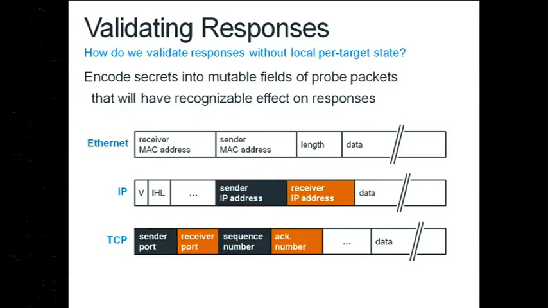When a response comes back, the receiving IP address, receiver port, and acknowledgement number are going to reflect that information we put into those fields. So we can look at them and learn with high statistical certainty whether this response was coming back as a result of a probe we sent or not.